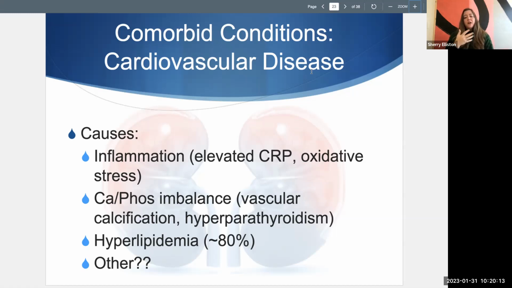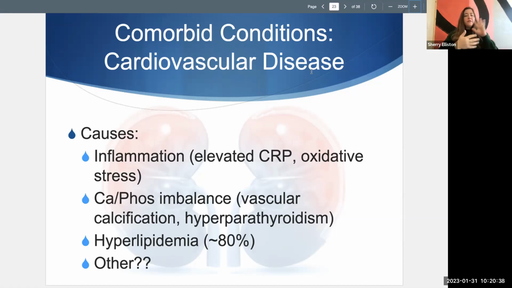The other issue here is that in chronic kidney disease, a lot of these patients have hyperlipidemia. A lot of patients who present with chronic kidney disease also have elevated LDL, total cholesterol, and triglycerides. So you could have CVD and then have chronic kidney disease start to occur.